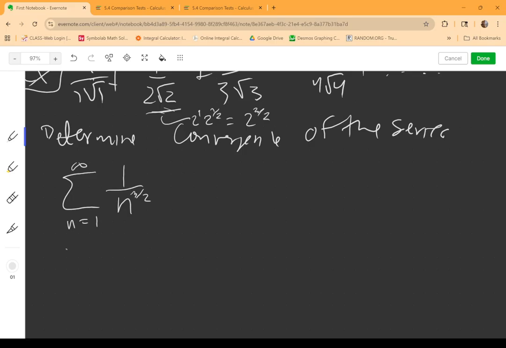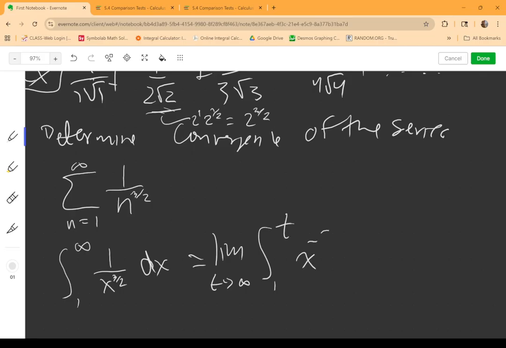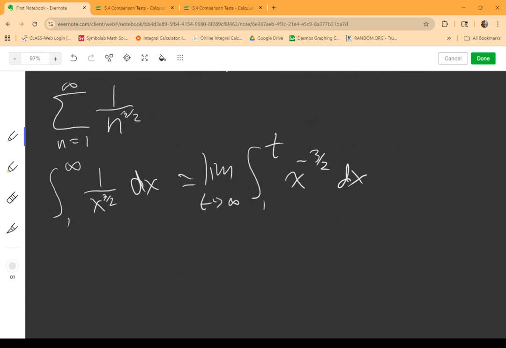So I will use the integral test, setting up 1 over x to the 3/2 dx. Again, set up a limit as t goes to infinity from 1 to t of x to the negative 3/2 dx, writing this using a negative exponent, and then I can apply the power rule.